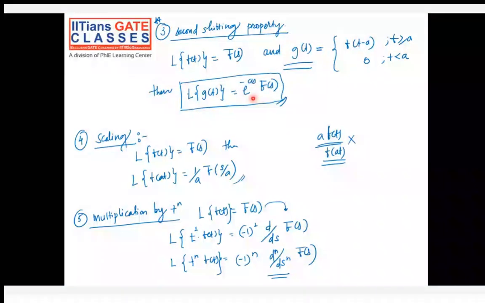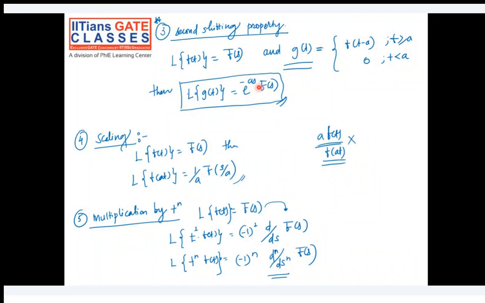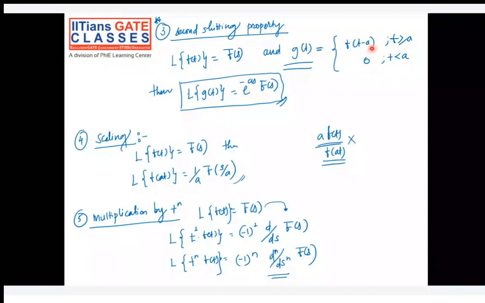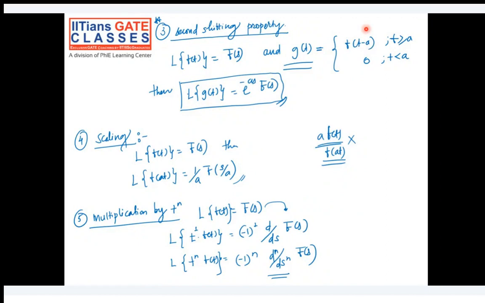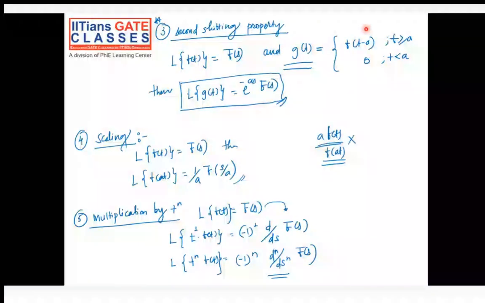So you will multiply f bar of s by e to the power minus as. That is the only new thing you will do in this kind of question. We know the Laplace transform of f of t, but they have not given f of t, they have given f of t minus a. And that is why this formula came into the picture.